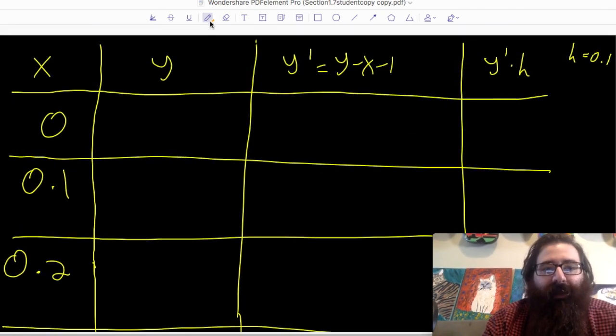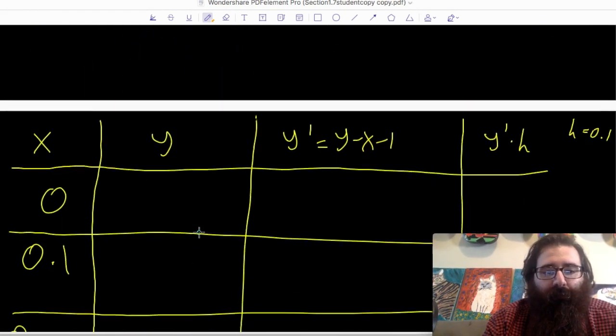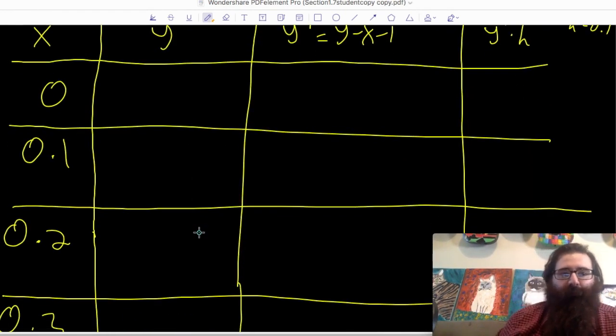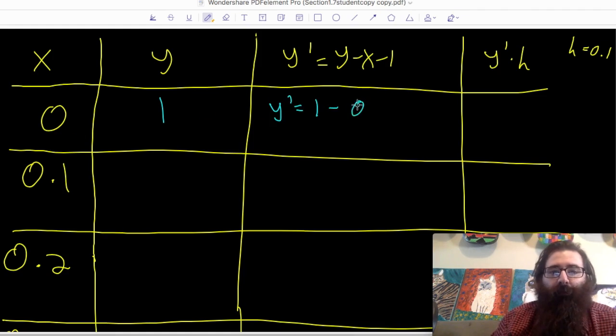We have that same initial value from before, which was y at 0 equals 1. I get that to fill in my very first entry. So when x is 0, y is 1. Then we plug into the differential equation. y prime is equal to y, which is 1, minus x, which is 0, minus 1.